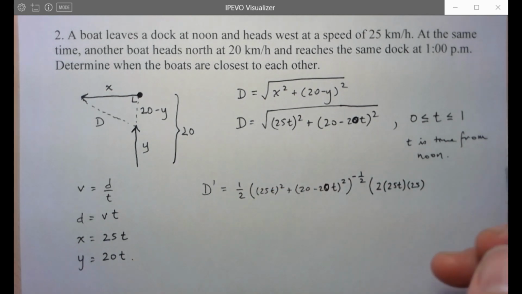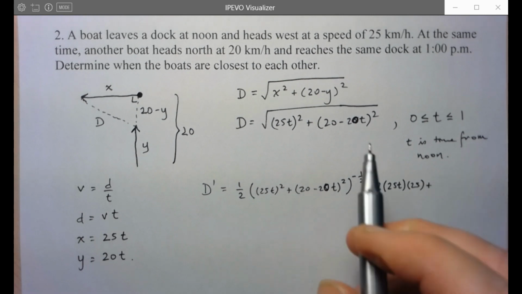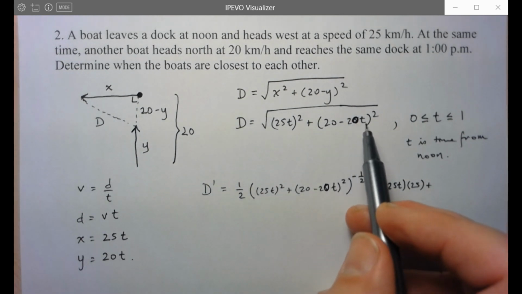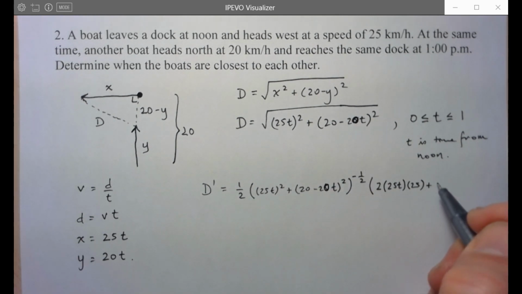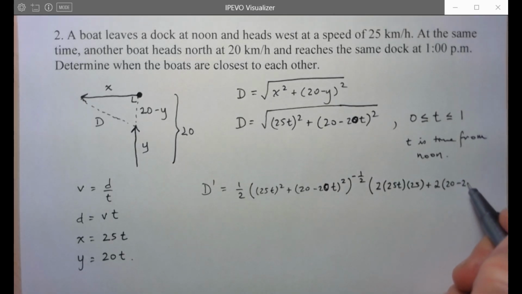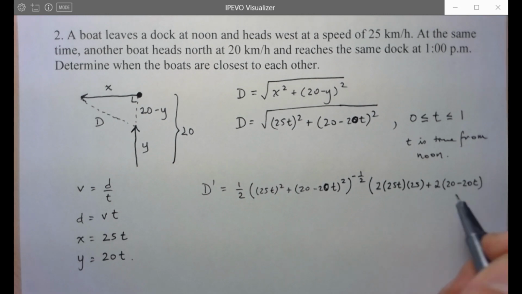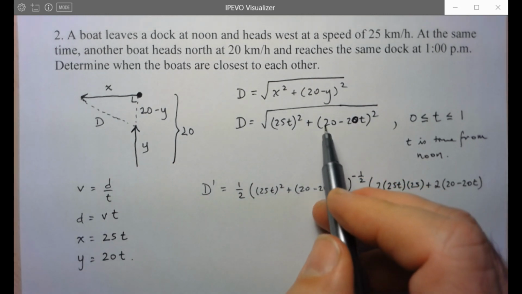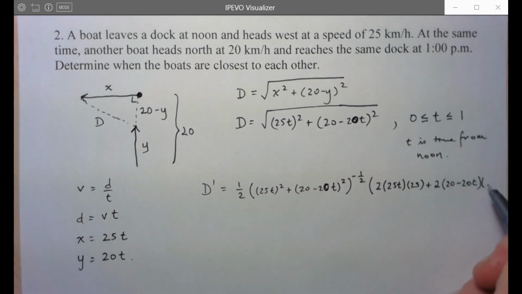Plus, similarly here, this is like my u, and the derivative of u squared is 2u, so 2 times (20 minus 20t) to the 1, times the derivative of 20 minus 20t. Well, that's a constant minus 20t, so this is just going to be negative 20.